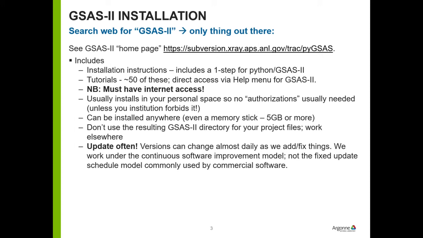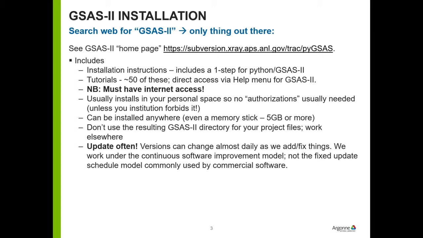Oh, I should say about install. You can install it anywhere, even on a memory stick, if it's a reasonable size one, something like 5 gigabytes. GSAS-II only takes about 1 gigabyte to store it, something like that.